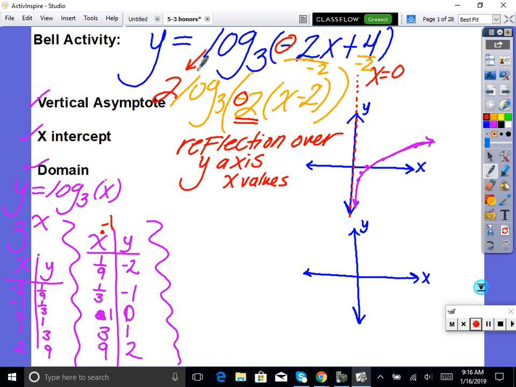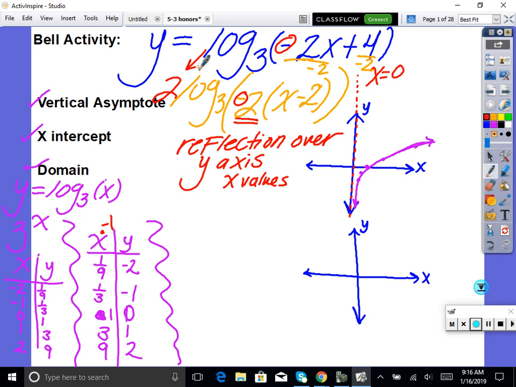A 2 in front is a vertical stretch of 2. Do you all agree? That is true. Now, that would affect your y values. We have not really learned what it's going to do when we have a 2 inside. It's going to be opposite of what you think. Do you see how we're timesing it to x instead of y? If it's out in front, you're timesing it to your y values.